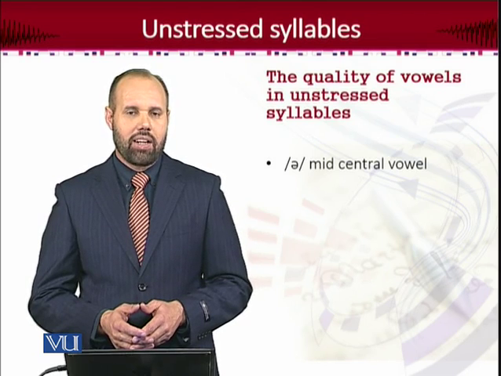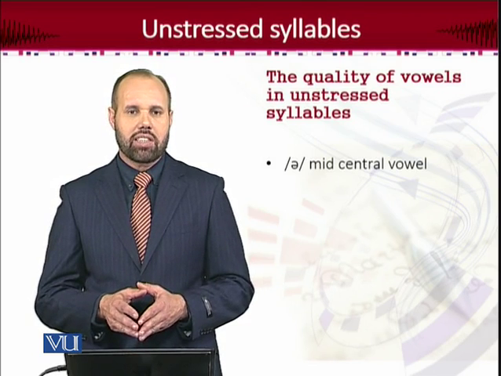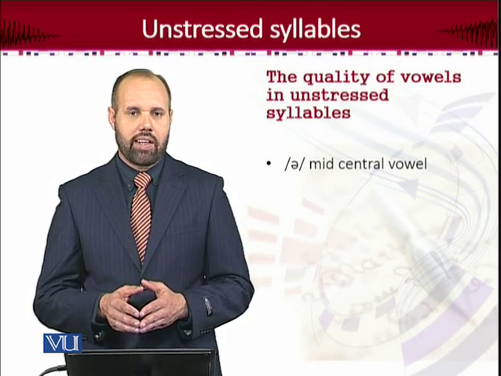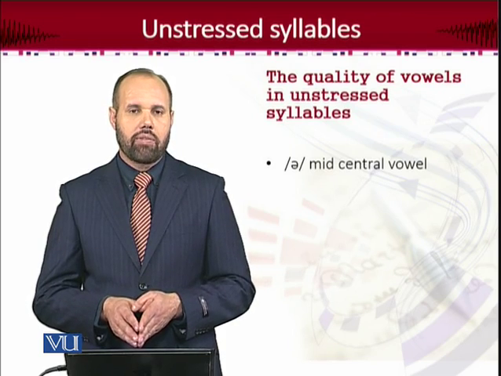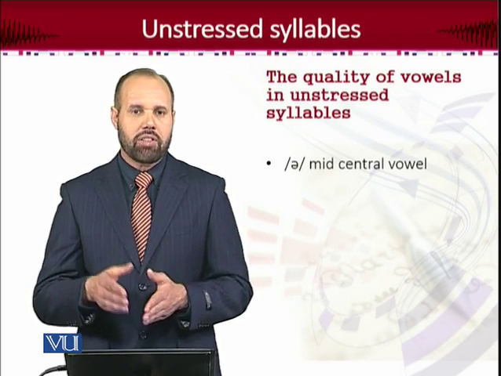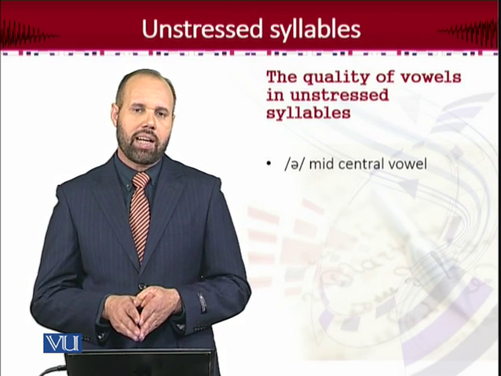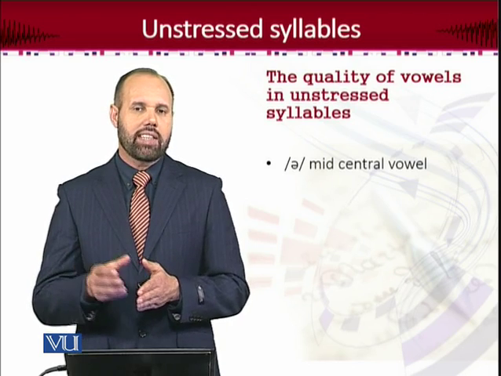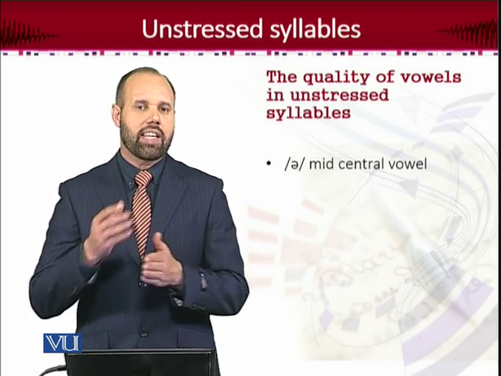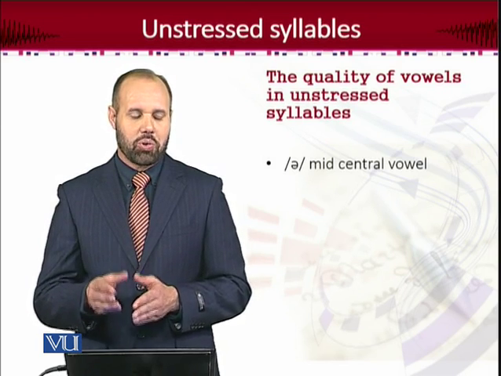For example, when we use the weak form of English function words, the grammatical function words, like the preposition to: when it is in strong, individual, separate form, it is "to". But when it is part of connected speech, it becomes "t". So the u vowel is actually turning into the reduced form, the schwa sound.